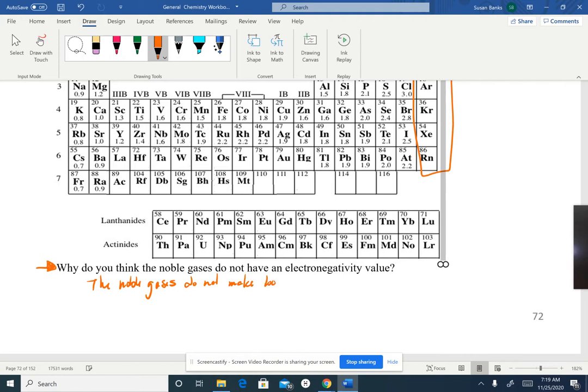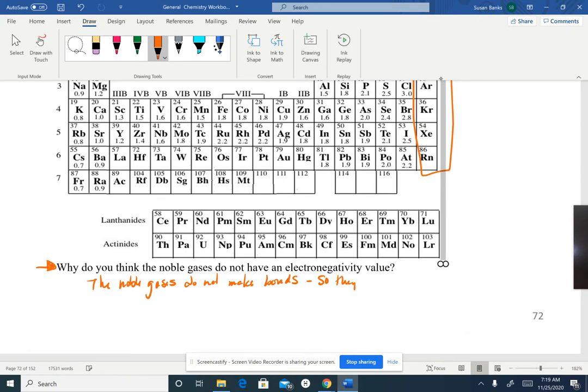They have no electronegativity values, because remember, an electronegativity value is based on the relative attraction within a bond.